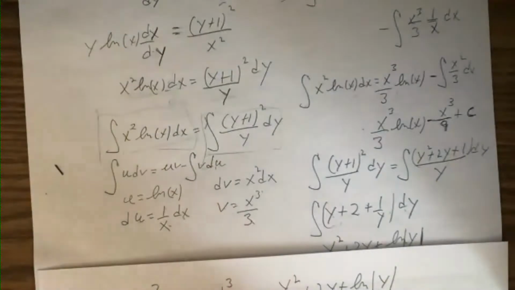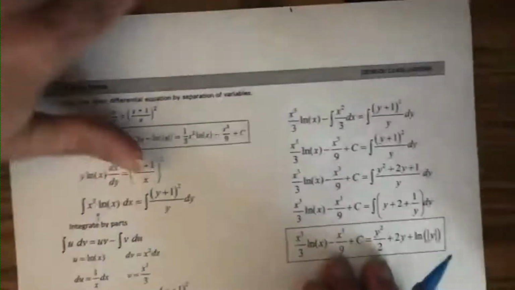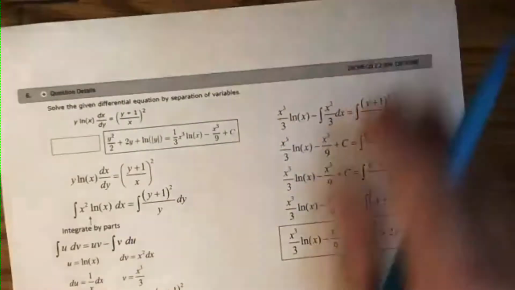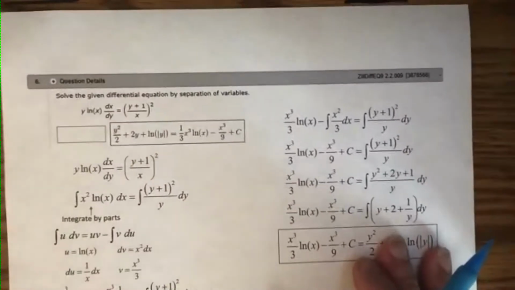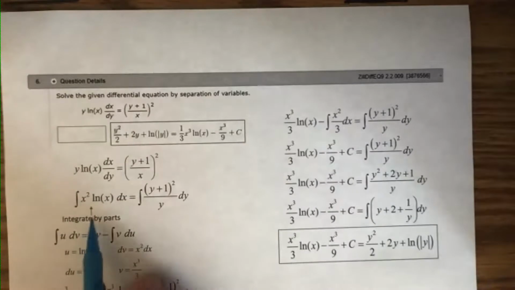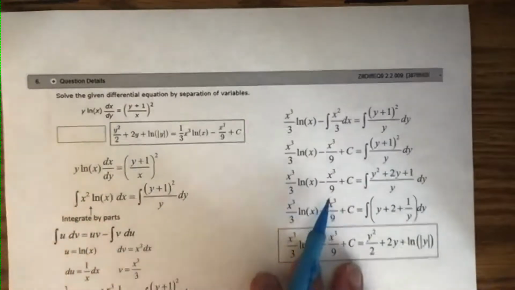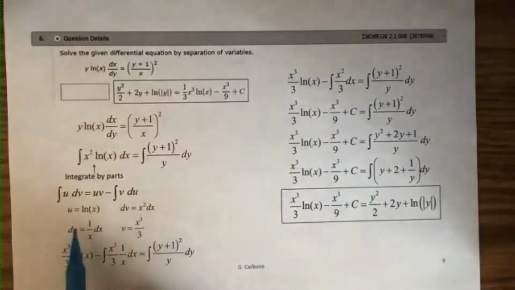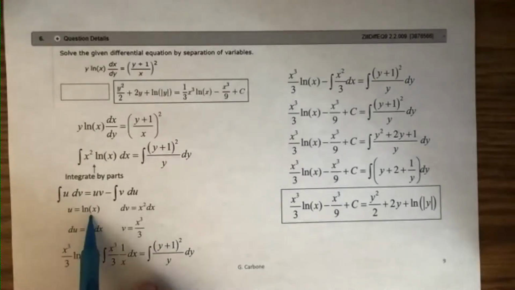And here it is in my notes. I think I added a couple more steps. But see, here it is in the notes where we integrate this by parts. We choose u to be the natural log of x.